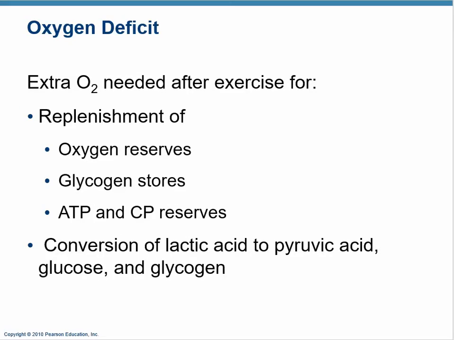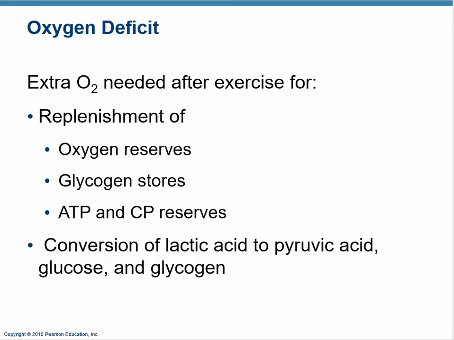So the difference between the amount of oxygen you need to do the activity totally aerobically and the amount of oxygen that you actually delivered during the exercise, that difference is the oxygen that you owe your body, and that is called the oxygen debt or the oxygen deficit.